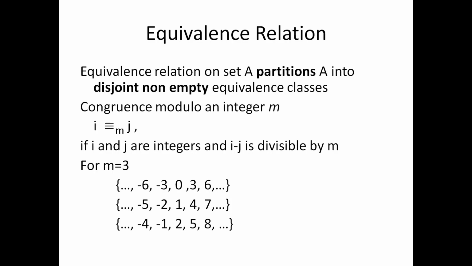If we consider m to be 3, then the set of integers is partitioned by this equivalence relation into three equivalence classes, and the three equivalence classes are shown here.